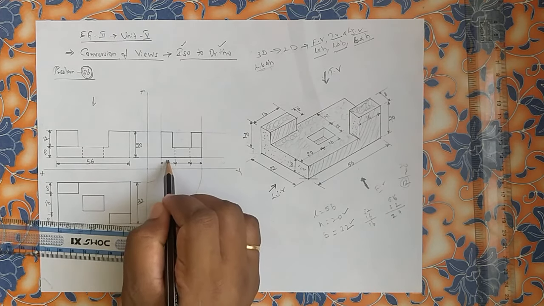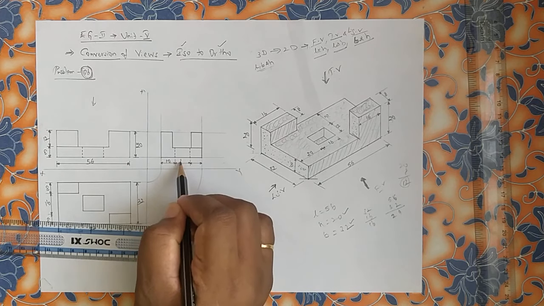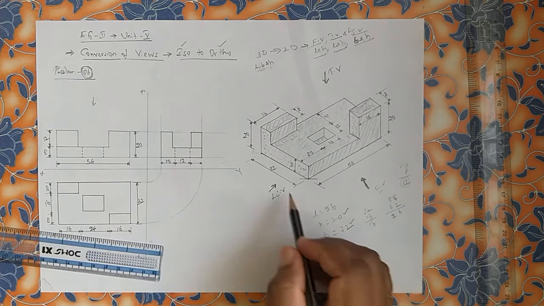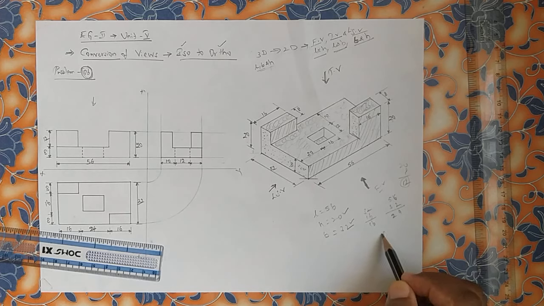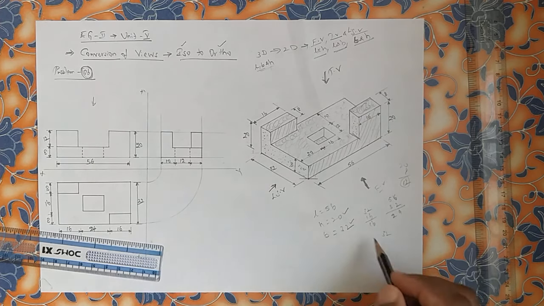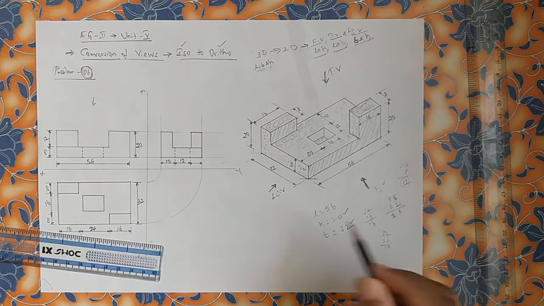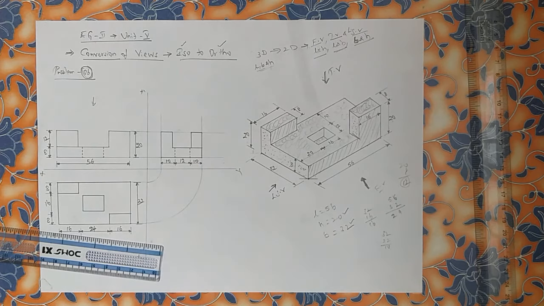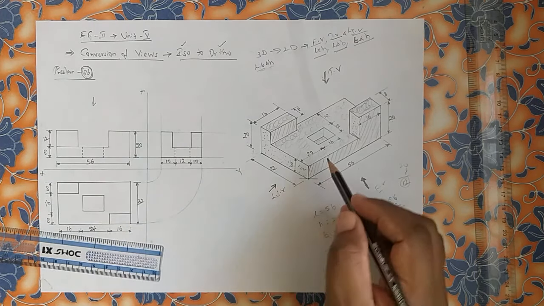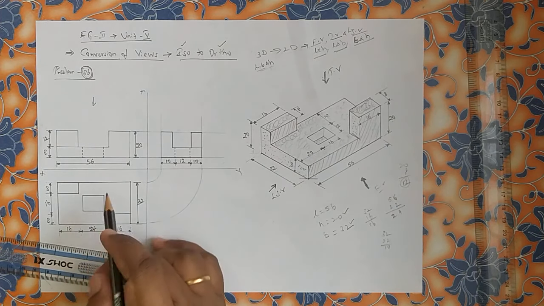At a distance of 10. This is 12, right? Total is 32. 32, 10 plus 12, 22, remaining is 10. Like this.